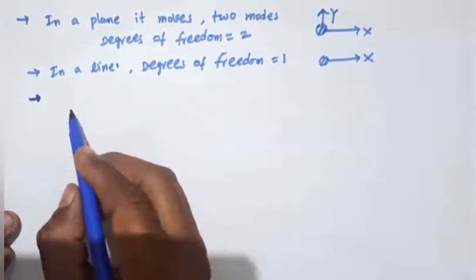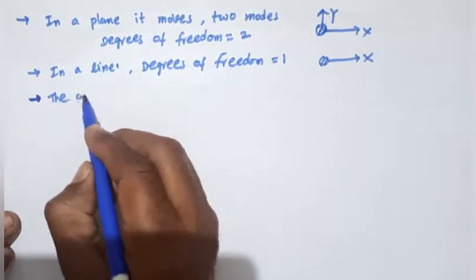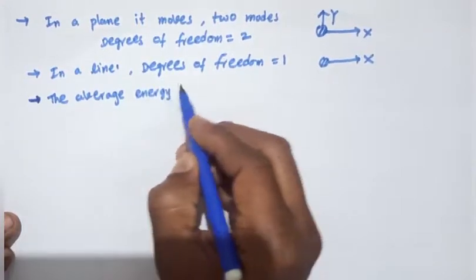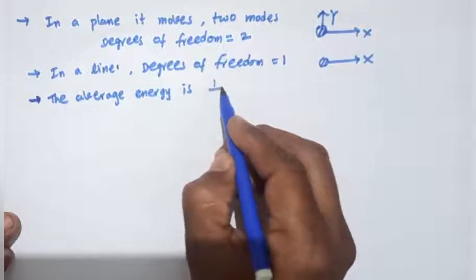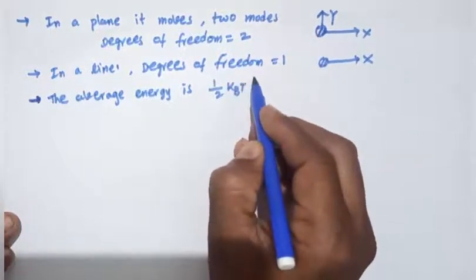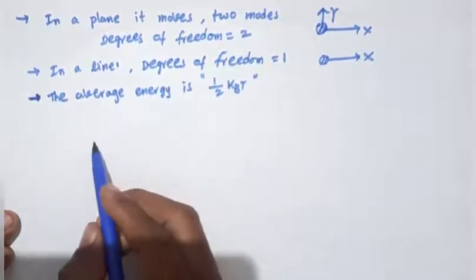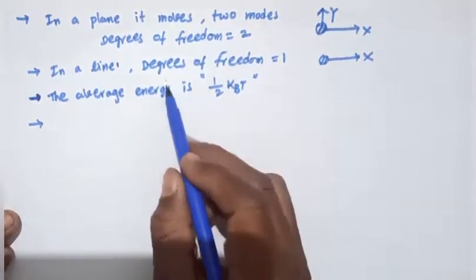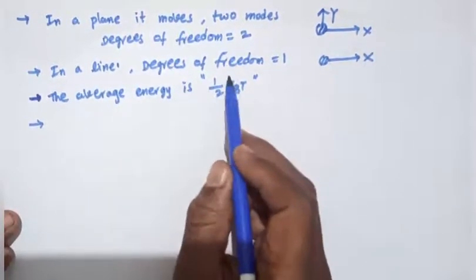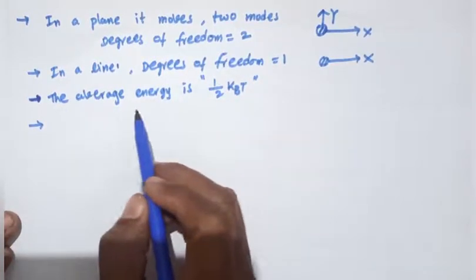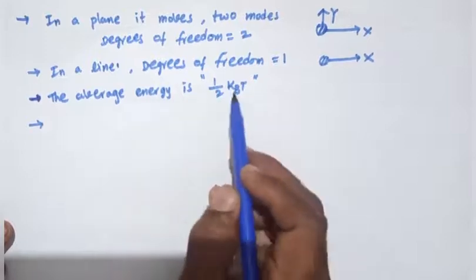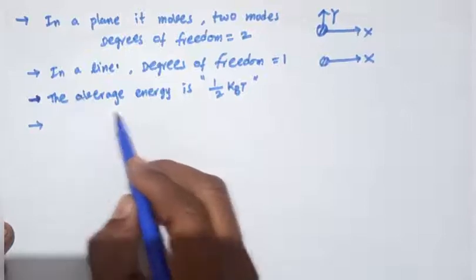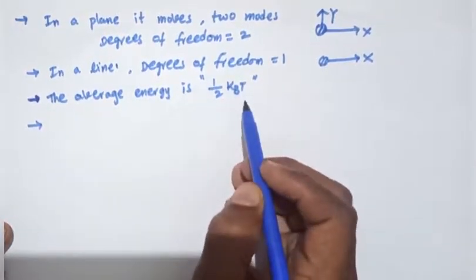The average energy is half kBT for each translational, rotational or vibrational motion. Each quadratic term carries half kBT.